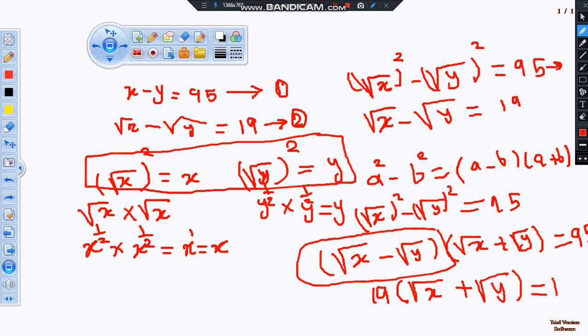What I'm going to do after is divide by the number in front of the parentheses, divide by 19 on both sides. So the square root of x plus the square root of y equals 95 divided by 19, which is 5.